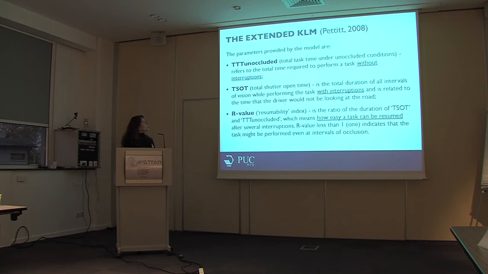The total shutter open time is the total duration of all intervals of vision while performing a task with interruptions. And the R value is the ratio of the duration of the total shutter open time and total task time under the condition, which means how easy a task can be resumed.